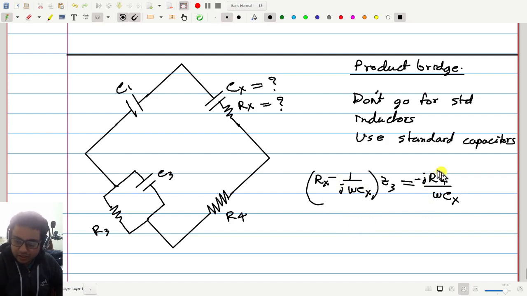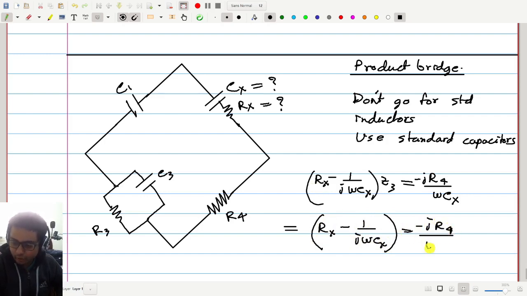Now from this, Rx minus 1 by j omega Cx, that will be minus j R4 by omega C1, multiplied by Y3. Why is it Rx minus 1 by j omega Cx? Any mistake? Should it not be plus 1 by j omega Cx? Yes, sir, that will be plus. Sorry, I forgot to move it up.